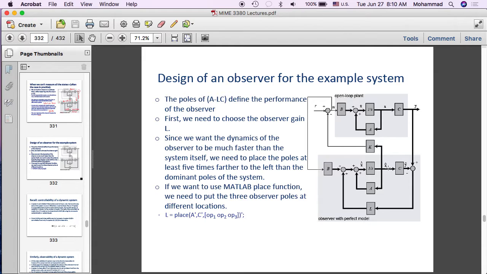I mentioned the process of designing an estimator or an observer, and the process is to recognize that A minus LC is the A matrix of the estimator.